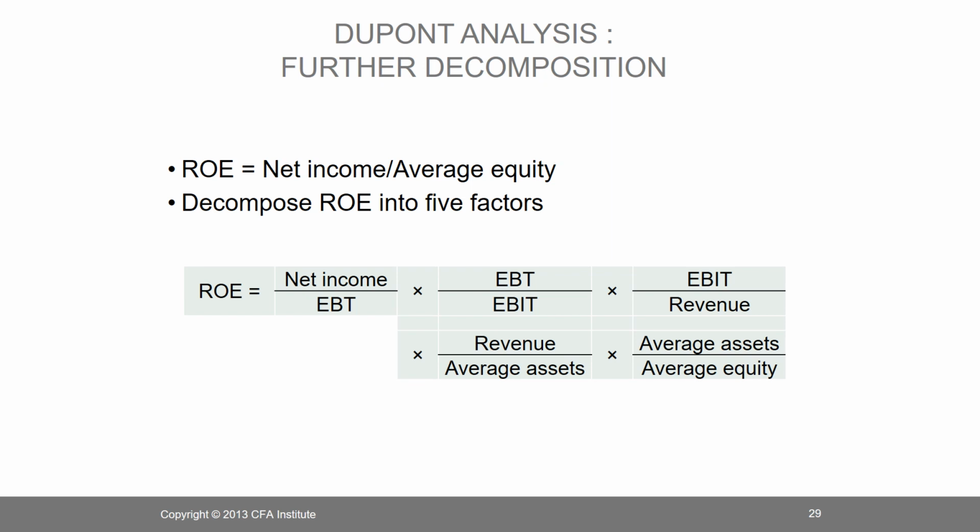This decomposition expresses a company's return on equity as a function of its tax rate, interest burden, operating profitability, efficiency, and leverage. So it combines all those 5 factors together. An analyst can use this framework to determine what factors are driving a company's return on equity, and the decomposition can also be useful in forecasting return on equity based upon expected efficiency, profitability, financing activities, and tax rate changes in the future.